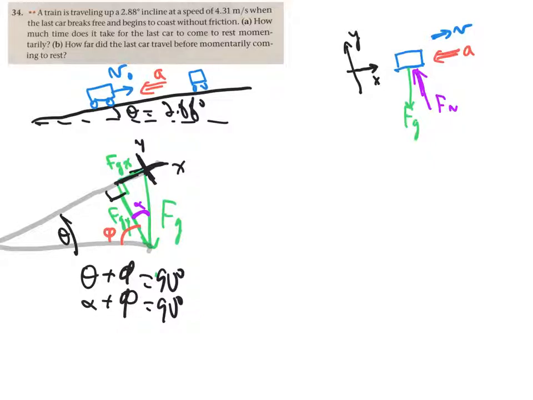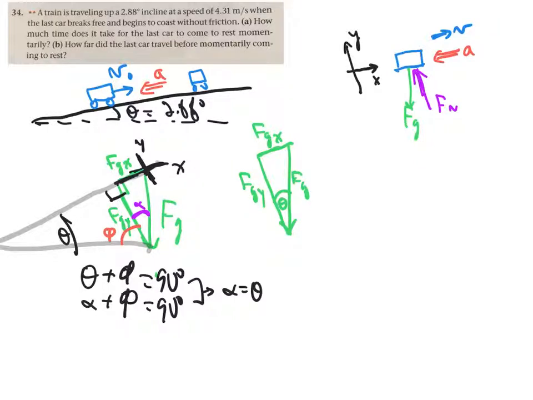And we can see from those two things together that alpha equals theta. So the net effect is that if I have something parallel to the incline and something perpendicular to that, this angle will be the same as the angle of the incline, even though it's no longer pointing in the same way we expect.